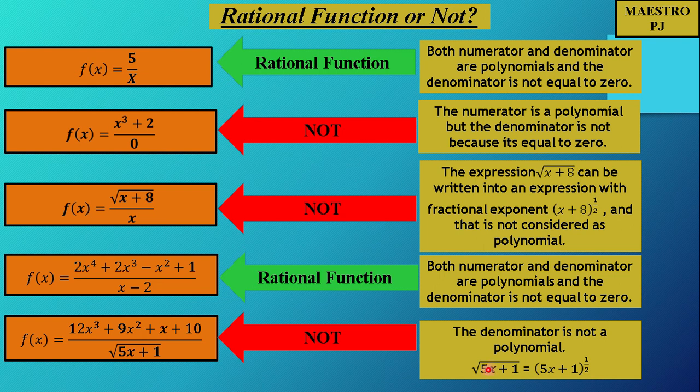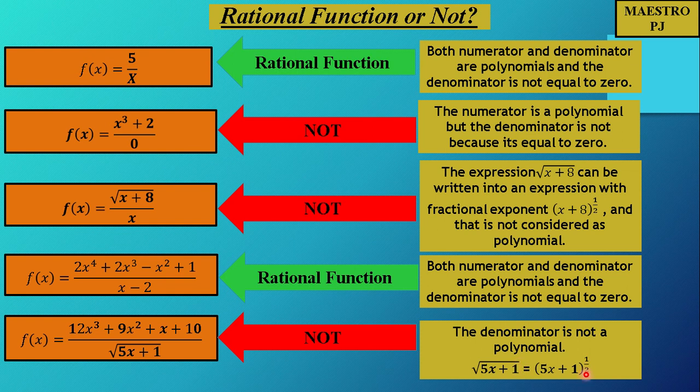So ganito po siya. Yung expression or yung radical expression natin na square root of 5x plus 1, pwede nating isulat sa form na to. Sa form na expression with fractional exponent. Yung radicand natin na 5x plus 1, naging base, ito, quantity 5x plus 1, at meron tayong fractional exponent. Yung numerator natin na 1 dyan, galing siya dito sa exponent or power ng radicand.